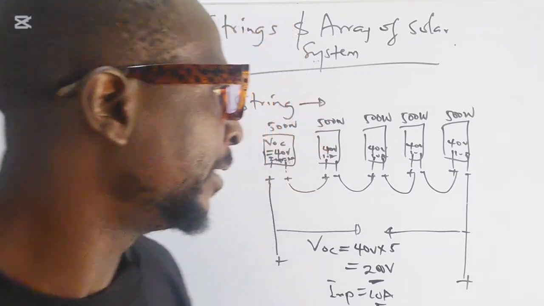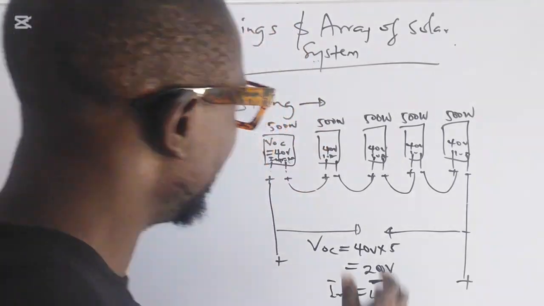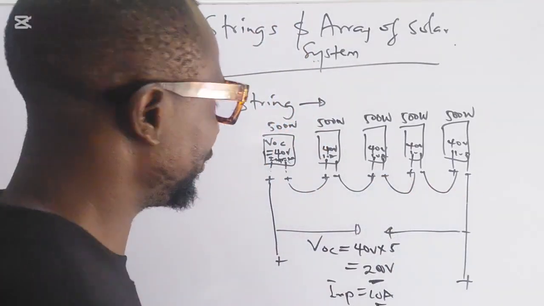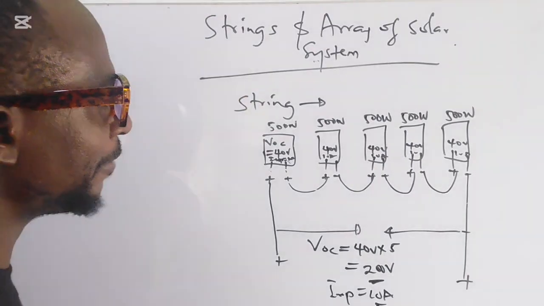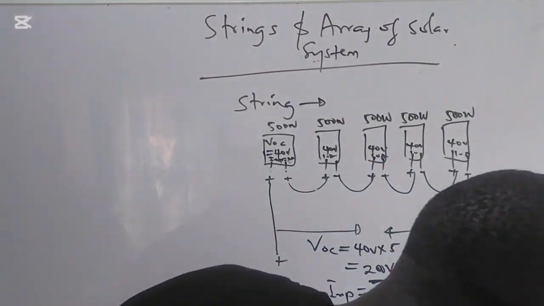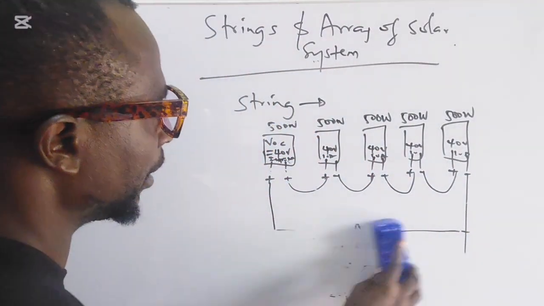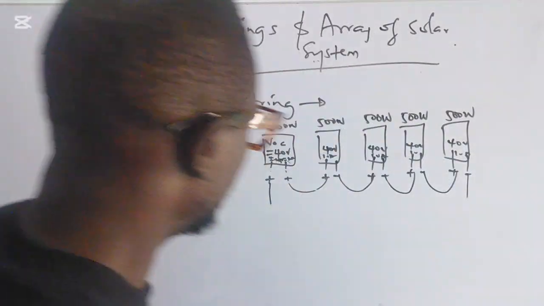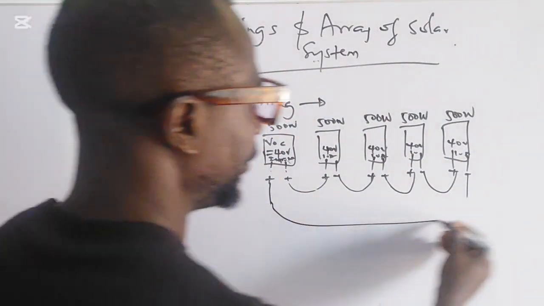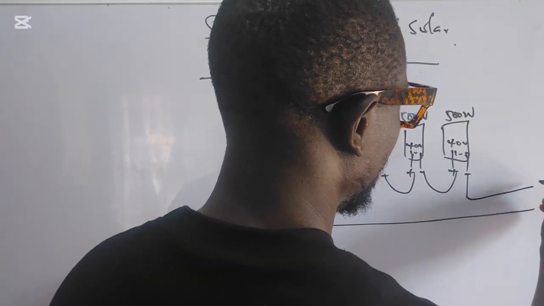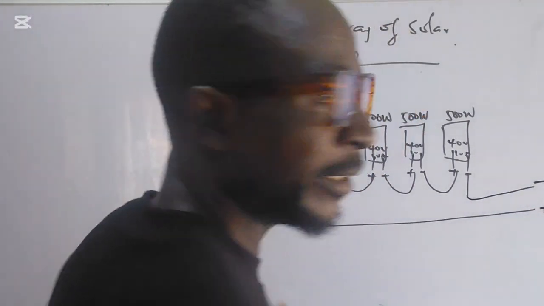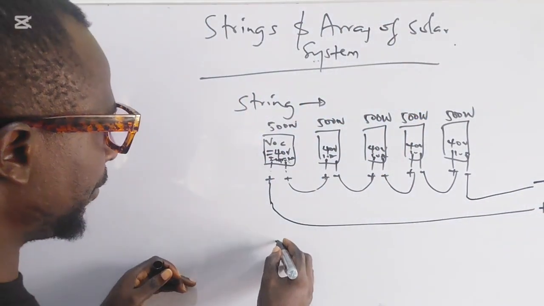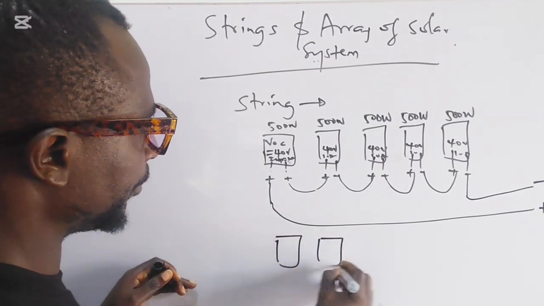Please, let's take note of this. Let's say if we have this as a string. Let's say we have another string. This will go negative, positive. We have something like this again.